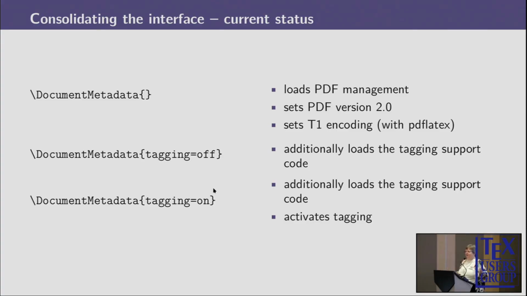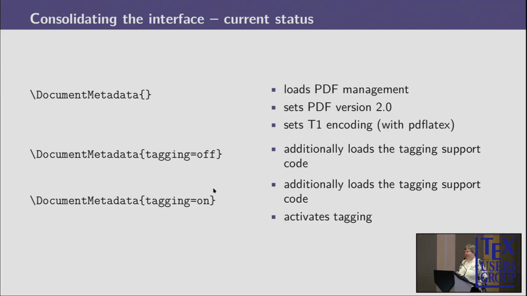It sets the PDF version to 2.0 because we think this PDF version is much better for tagging. And it sets the font encoding default from OT1 to T1 with pdfLaTeX. I don't think anyone noticed this, but we thought it was time to ditch OT1 because it has really some problems.